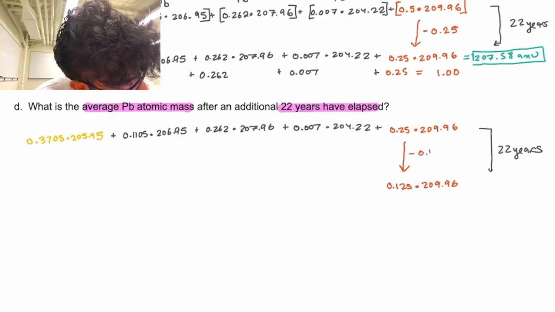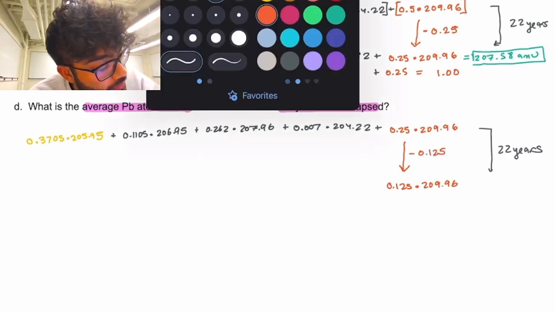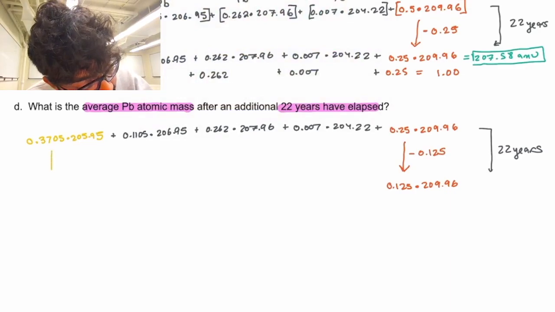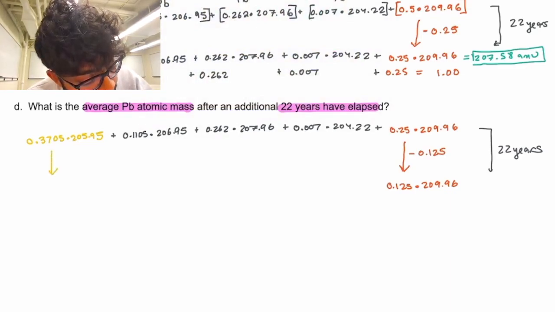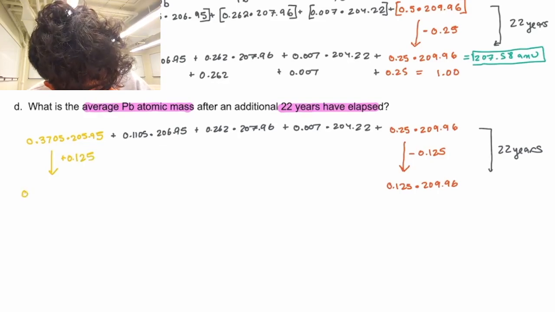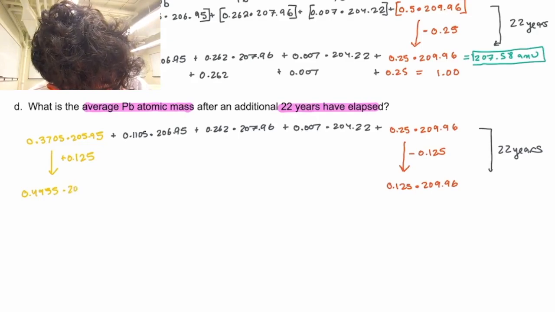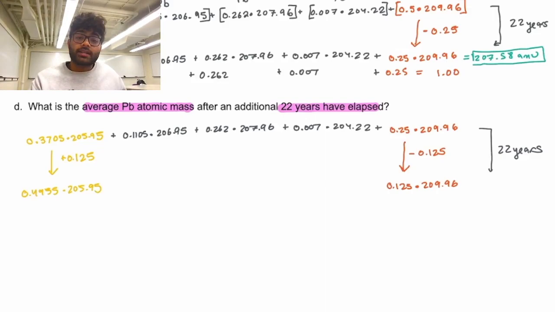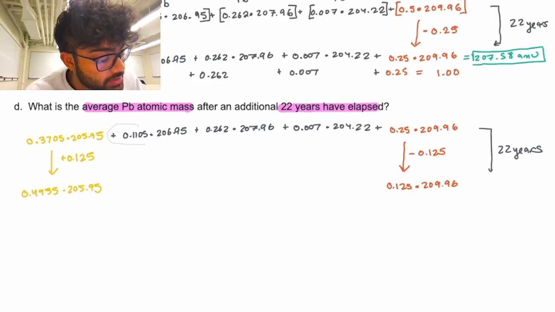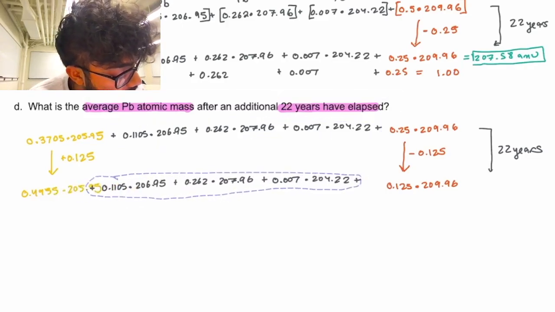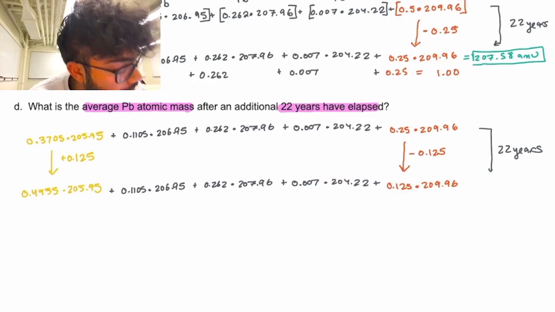Now, that entailed a reduction of 0.125, so we must add 0.125 to our lead-206 fraction, and we can do that addition, multiply it by the mass, and once again, all of our other isotopes stay the exact same. So we can take those in and paste those right into our equation.